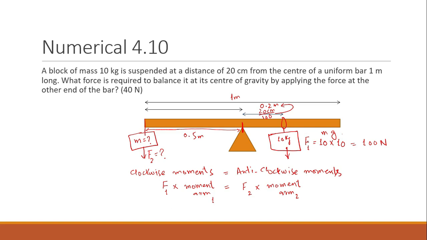So the first mass is 10 kg, equivalent to a force of 100 Newton, multiplied by the moment arm of 0.2 meter, equals F2, the force we have to apply to balance this rod at its center, multiplied by the moment arm, which is 0.5 meters.